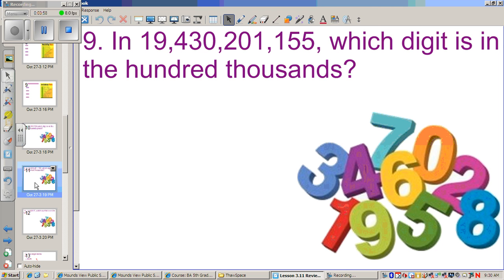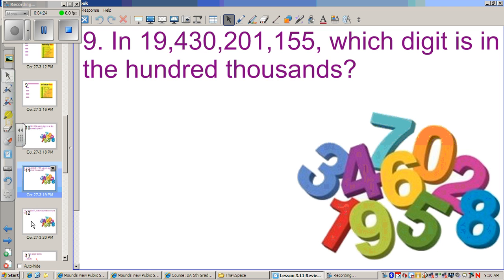See, even Mrs. Heath makes mistakes. You got to practice saying that over and over. It says which digit is in the hundred thousands. So let me see if I can try that one more time. 19,430,201,155. Which digit is in the hundred thousands place?